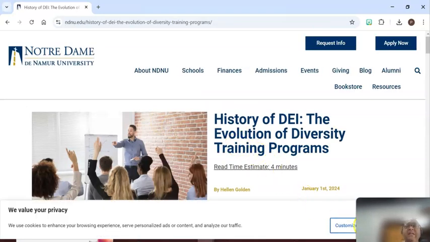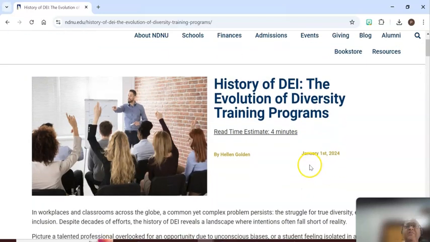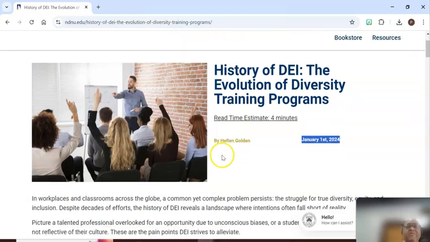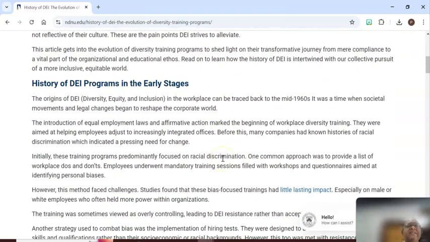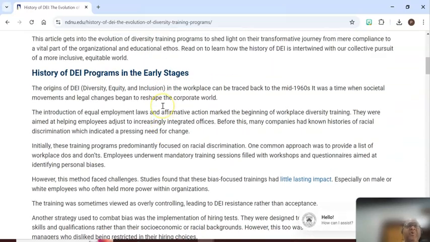And one of the things that I like about this is that, first of all, I looked at the date, and the date is current. This was an article written January 1st, 2024. It has an author, we have a title, and this has all of the history for DEI programs.